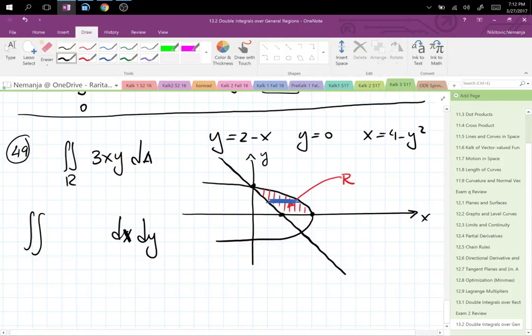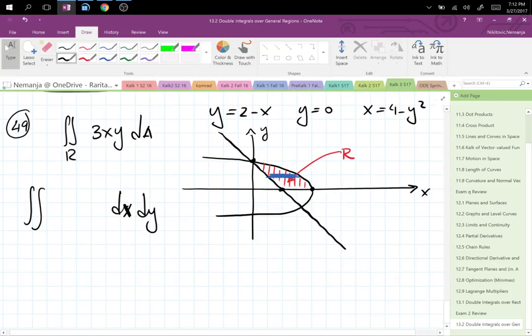How was this decided again? I don't get this part. Well, here's how it's decided. You have to have this ability to move this in your head. Look at this. If I am to draw dx, dx has to go left and right.